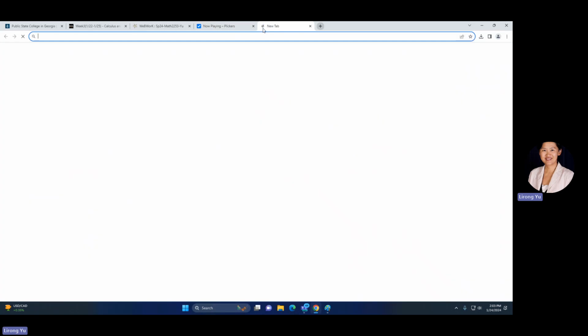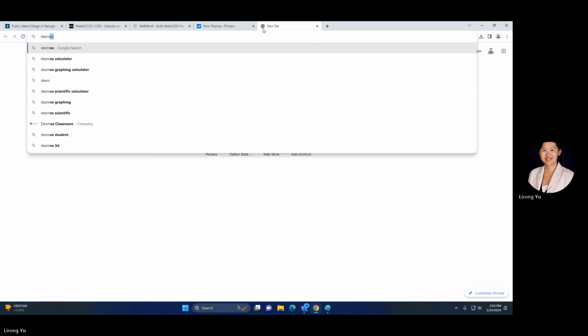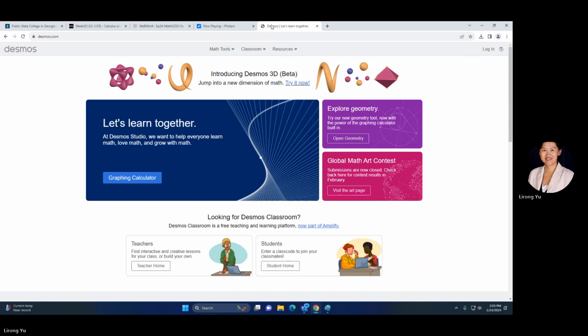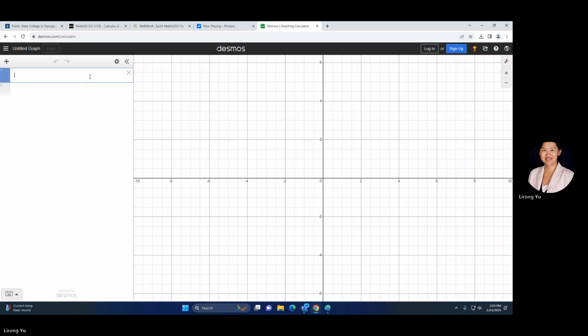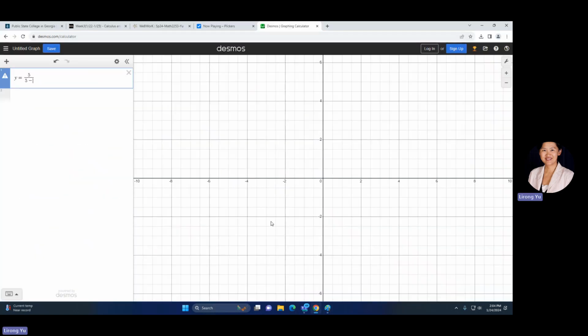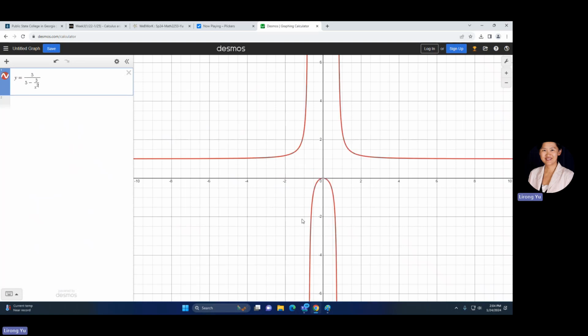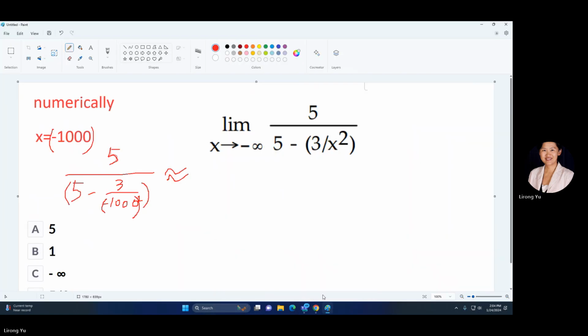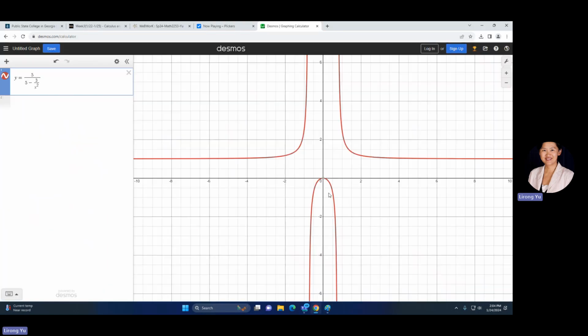So we graph this: y is equal to 5 over 5 minus 3 over x squared. So that's how it looks.